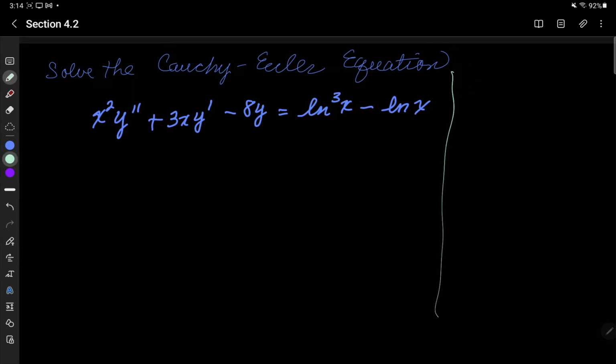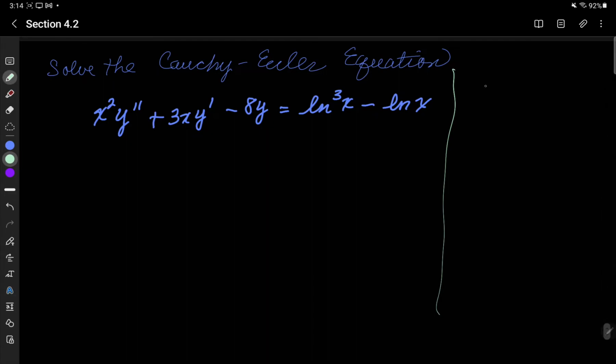And these substitutions are directly from the book. You can make a substitution: if x equals e to the t, then t is going to be equal to the natural log of x.